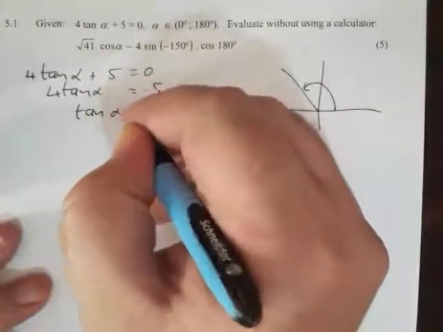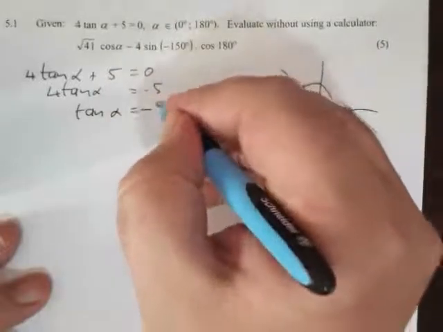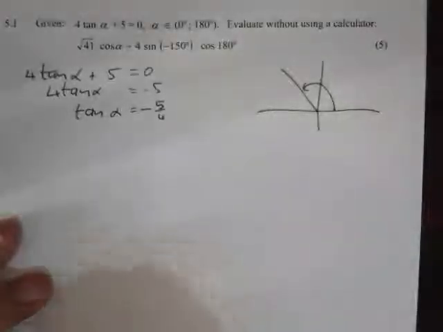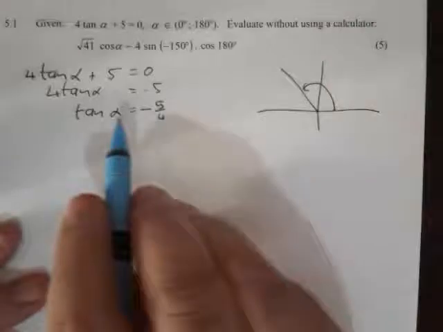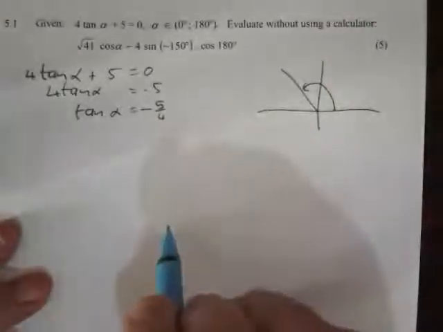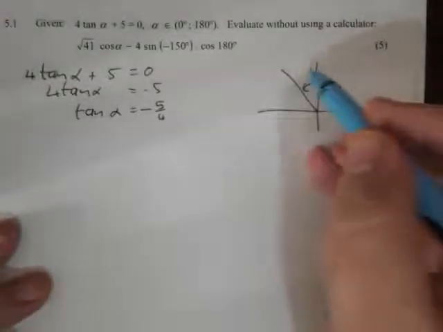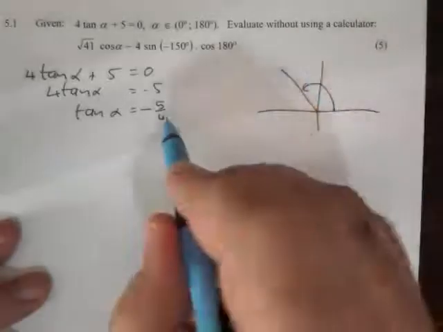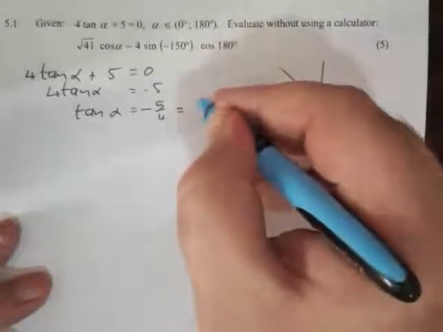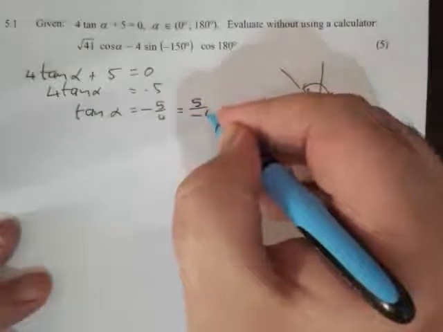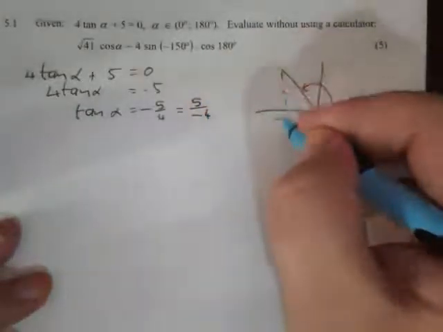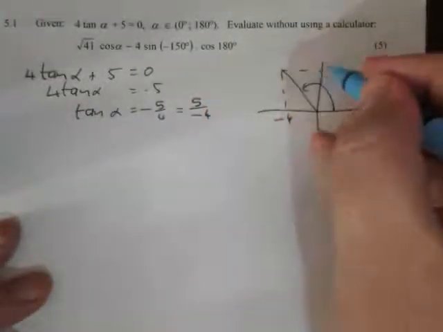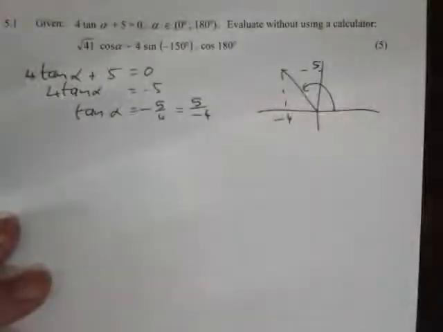Tan of alpha is equal to minus 5 over 4. Okay, we know tan is y over x. And in the first two quadrants y is positive, so this means we can write this as 5 over minus 4. So x is minus 4 and our y is 5.